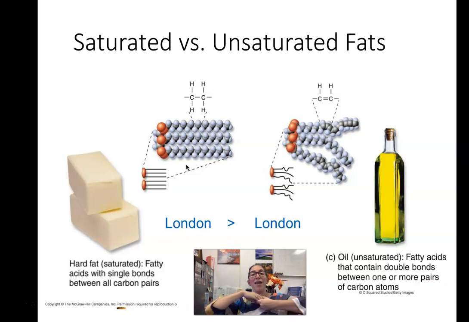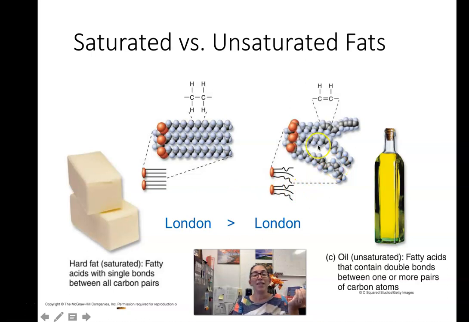So they have a higher boiling point and a higher melting point, and tend to be solids at room temperature. Solids that still probably have a fairly low melting point, like butter, which is solid at room temperature, but if the room gets a little bit warm, it gets pretty melty, because the London forces are still weak types of forces, right?